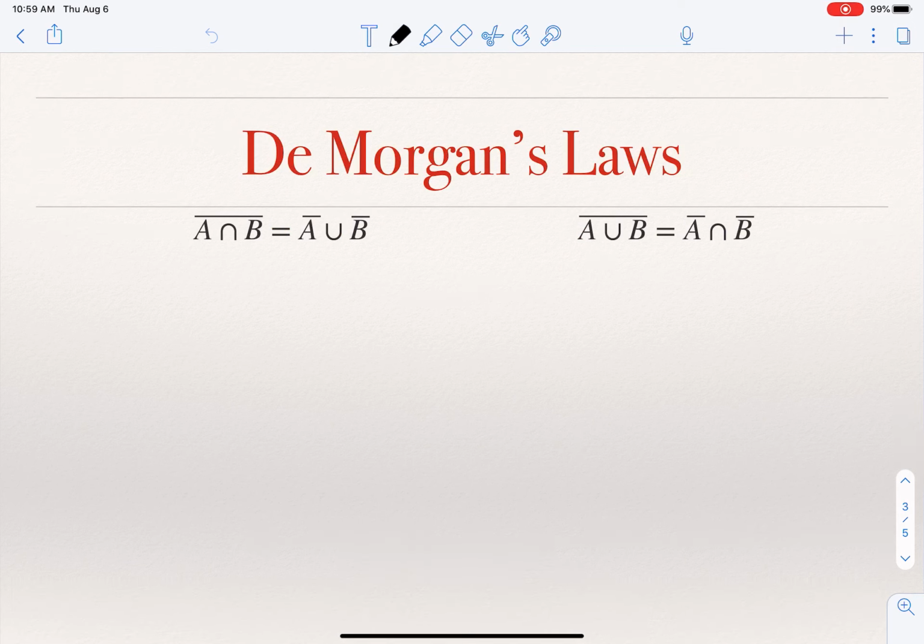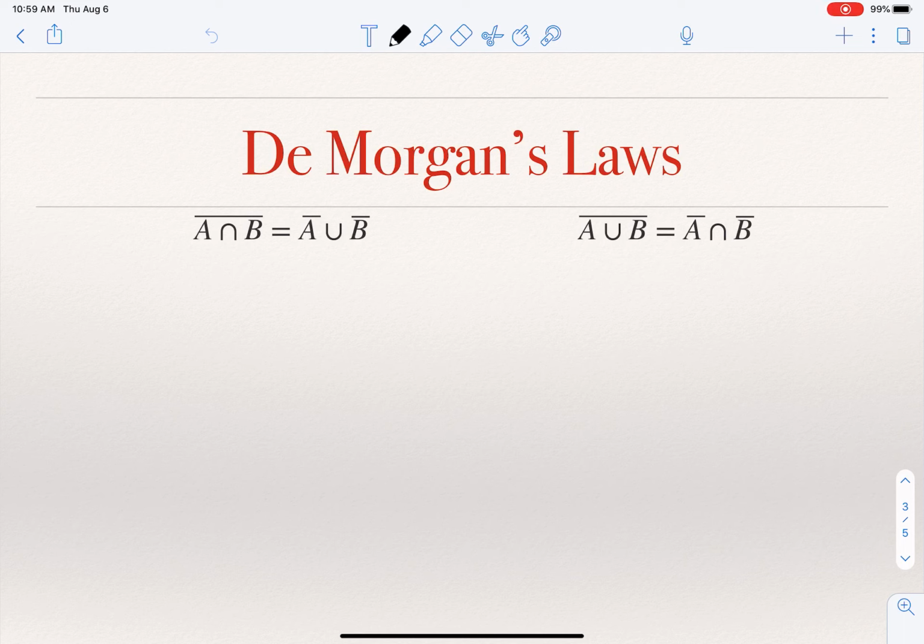Now, how do we prove that two sets are equal? Again, it's based on the definition. We said A and B are equal if A is a subset of B and B is a subset of A. Here on this slide, I'm listing two important identities that we have seen in the context of, for example, propositional logic. These are called De Morgan's laws.